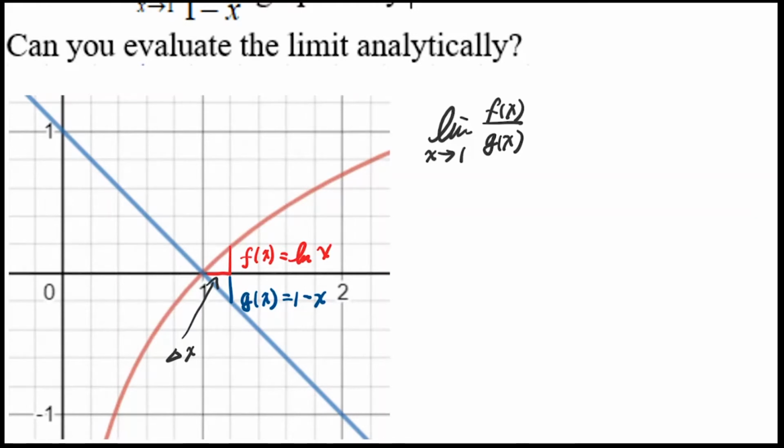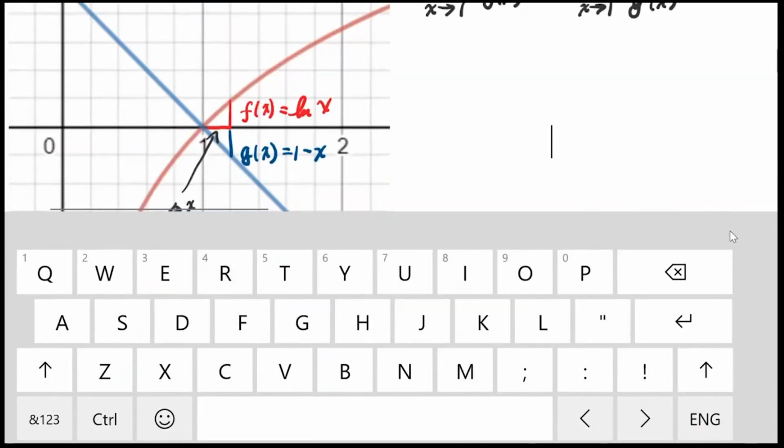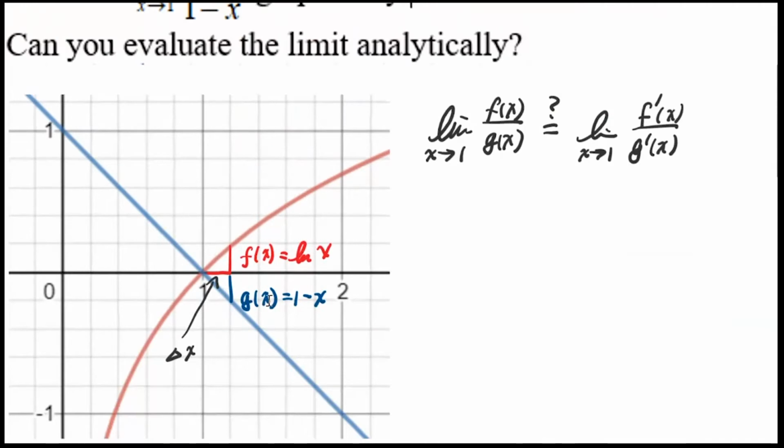Now the question is, is it the same as the limit of f prime of x over g prime of x as x approaching 1? From the picture, does it look like it? A little bit this way and a little bit that way? Yeah. The only reason this is true is because this thing goes through the x-axis right here.